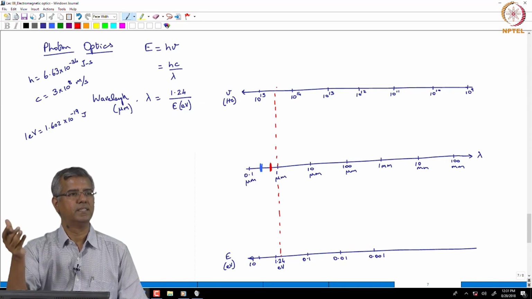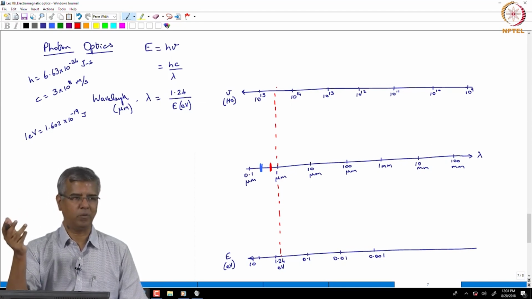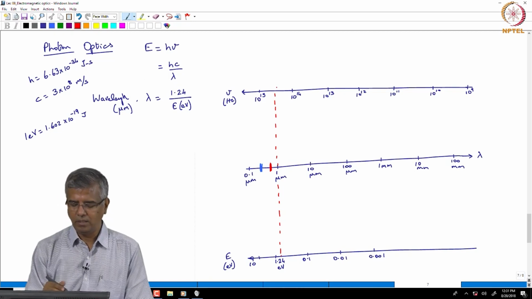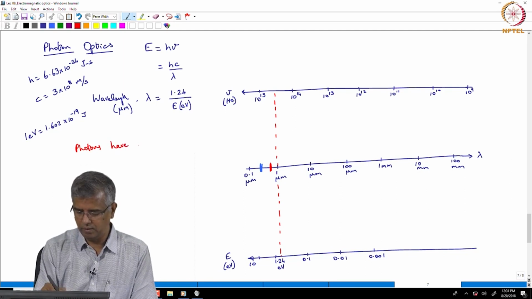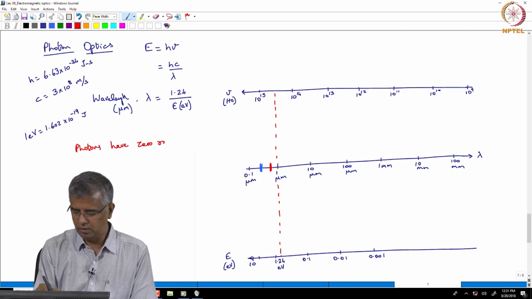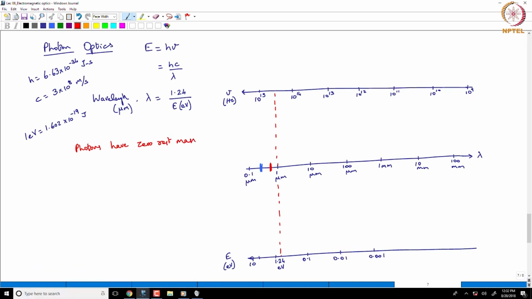It is an electromagnetic wave, okay, so photons have 0 rest mass. So you cannot catch a photon and weigh it, right. So photons have 0 rest mass, but it does carry momentum.